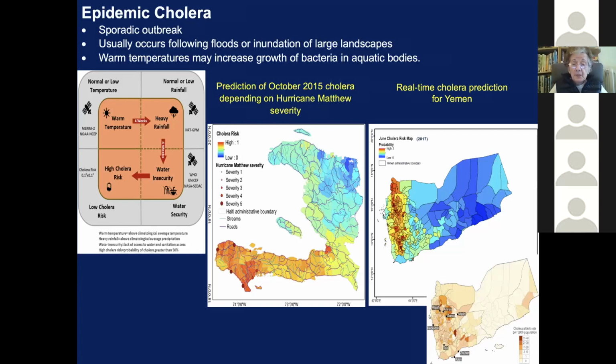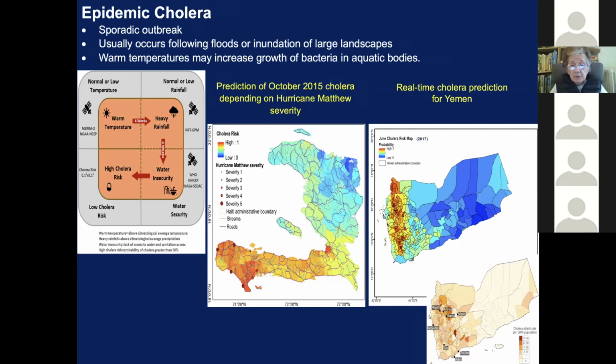We now do this on a regular basis. Every 2 weeks, we provide the month ahead prediction for cholera in Yemen, and they use that to monitor and to locate their medical personnel and bring in supplies as needed.